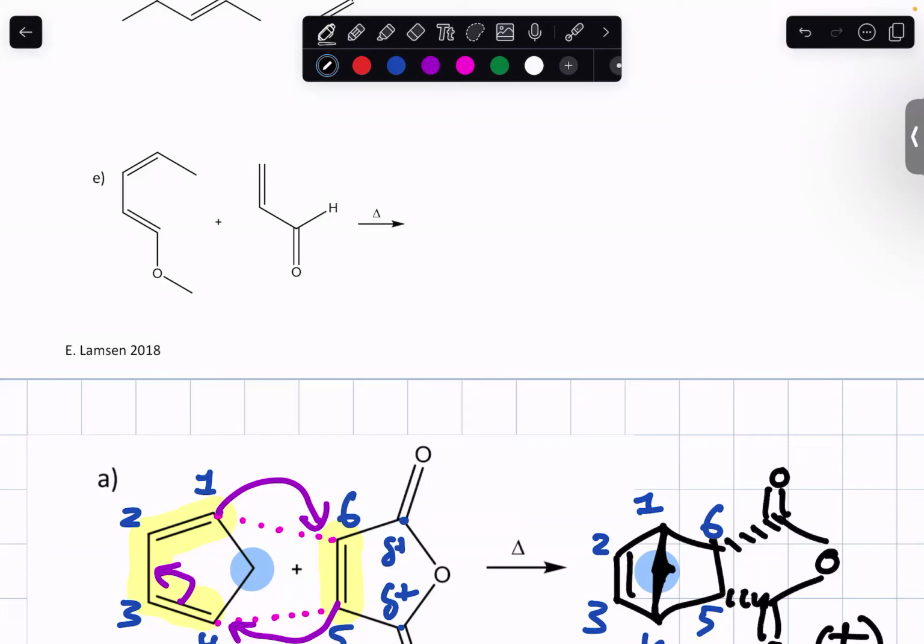Okay. So for D, we have this conjugated system reacting with excess HBr in cold conditions.